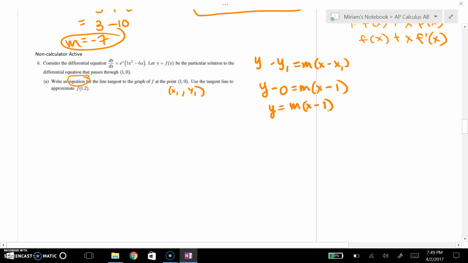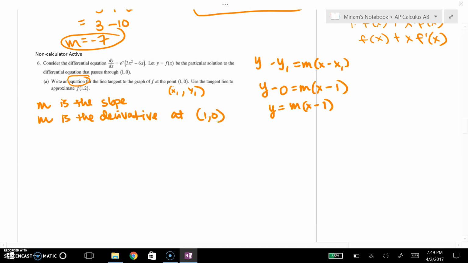Now, I need my slope. Well, if you just take a second and look, m is the slope, meaning m is the derivative at (1, 0). Do you have an equation for the derivative? Look at the problem.